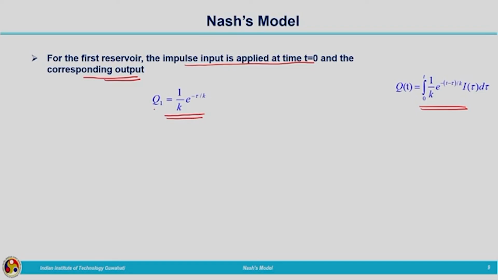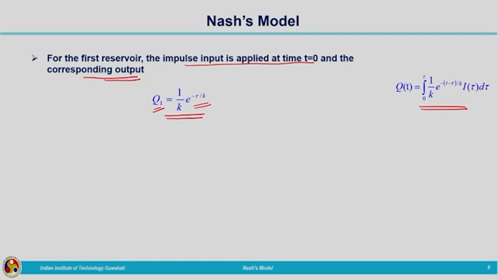Output from the first reservoir is written as q1. q1 is equal to 1 by k e to the power of minus tau by k. As the variable of time, instead of L, we are substituting tau itself. Any variable can be substituted over here, but we were comfortable with the usage of tau, that is why I put q1 is equal to 1 by k e raised to minus tau by k.